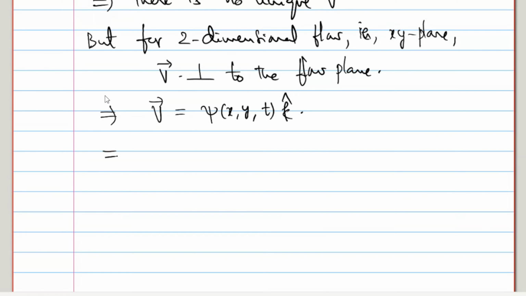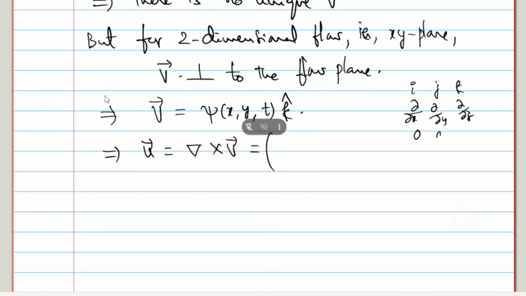So that implies u bar equals del cross V. If you actually do del cross V with 0, 0, psi, so i, j, k, dou dou x, dou dou y, dou dou z, and 0, 0, psi.